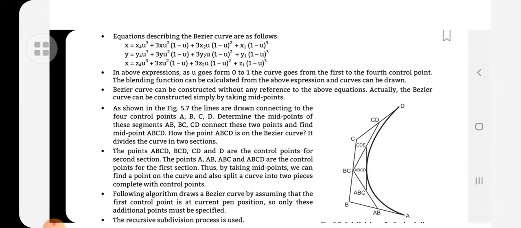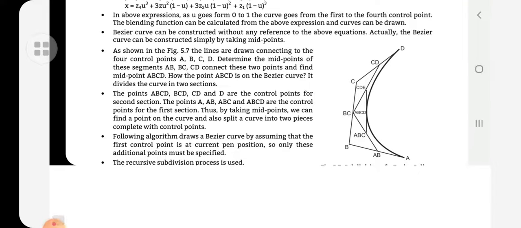The points ABCD, BCD, CD and D are the control points of the second section. The points A, AB, ABC, ABCD are the 4 points connected to each other, and we take their midpoints. Thus by taking midpoints, we can find a point on the curve and also split a curve into two pieces completely with control points.